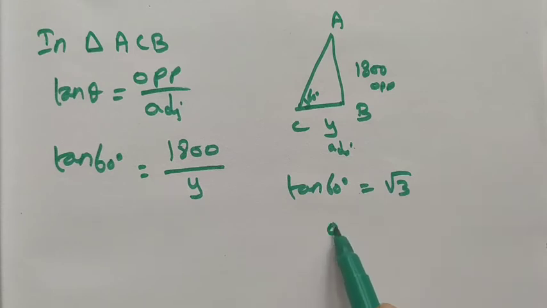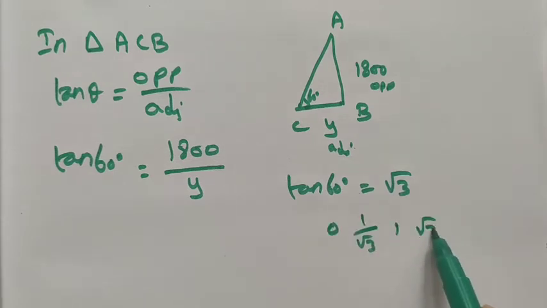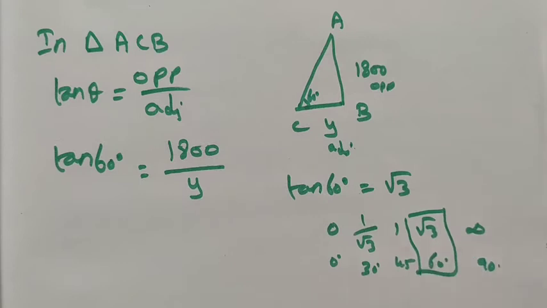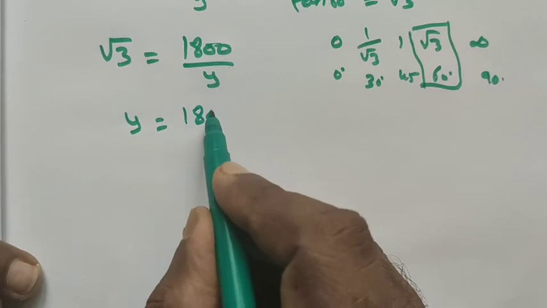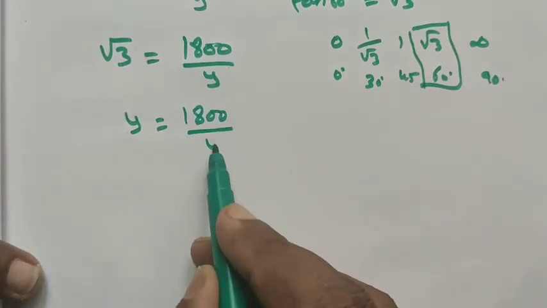Here we have 0, 1 by root 3, 1, root 3, and then infinity. It is for 0 degree, 30 degree, 45, 60, and then 90 degree. So for 60 degree we get root 3. So root 3 is equal to 1800 divided by Y. I take this Y to this side, then Y is equal to 1800 divided by root 3.